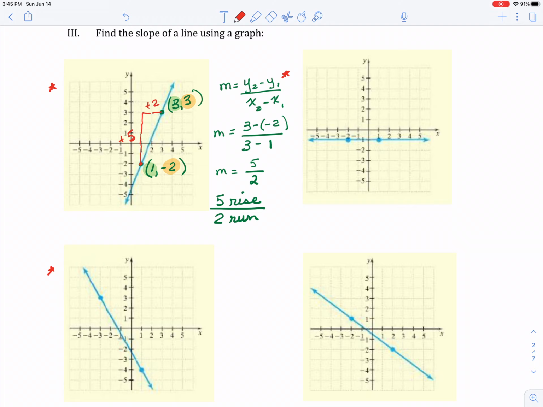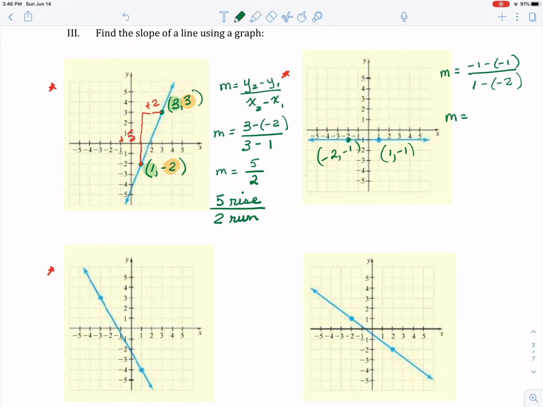All right, so let's see. Here's a point negative 2, negative 1. And here's a point 1, negative 1. And if I calculate the slope, I would start with a y value, subtract a y value, over an x value, subtract an x value, and again maintaining the order that you started with.